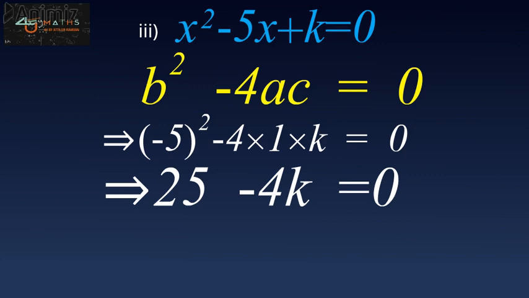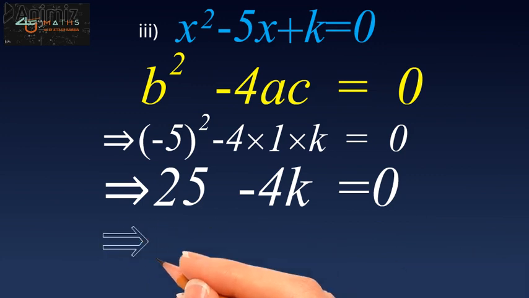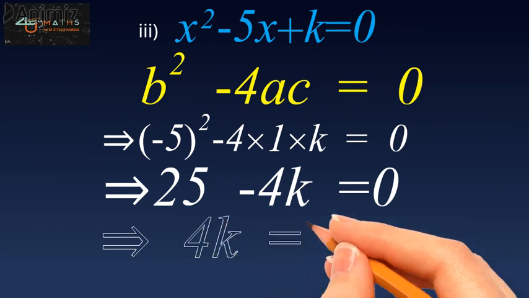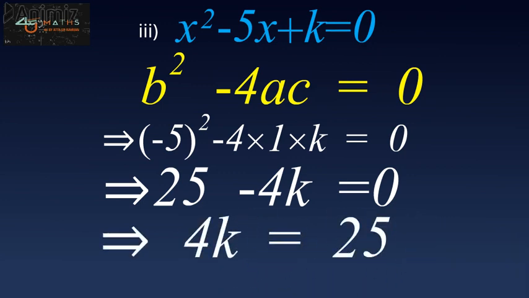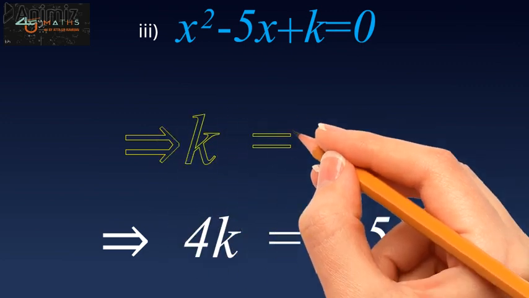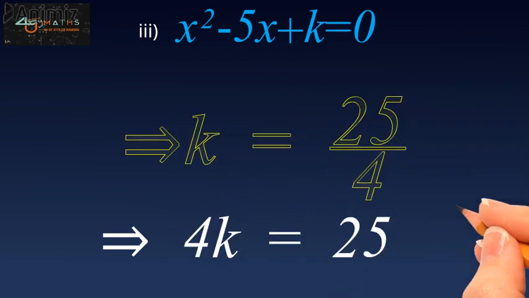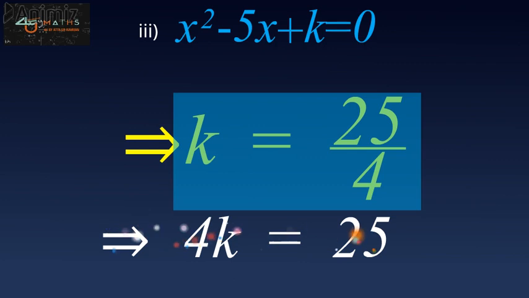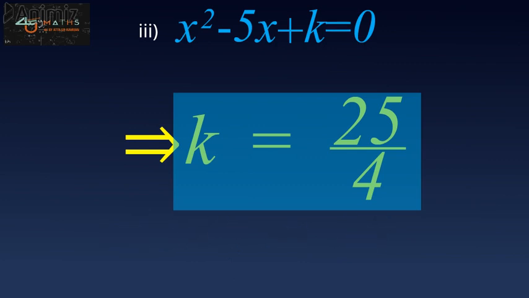Simplifying this, we have 4 times k is equal to 25. Now dividing each side of this equation by 4 to find the value of k, we have k is equal to 25 upon 4, which is the value of k.